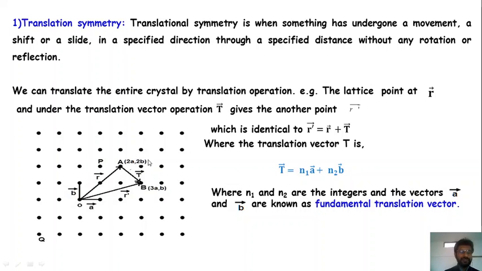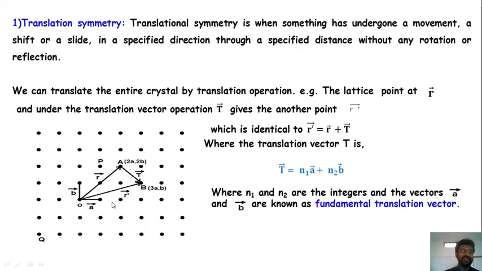Now in this figure, this is a two-dimensional square lattice array. Here we consider two points, say vector A and B, corresponding to two lattice points of this two-dimensional lattice structure. To understand the translation operation, we consider an arbitrary lattice point, say O, which is the origin.